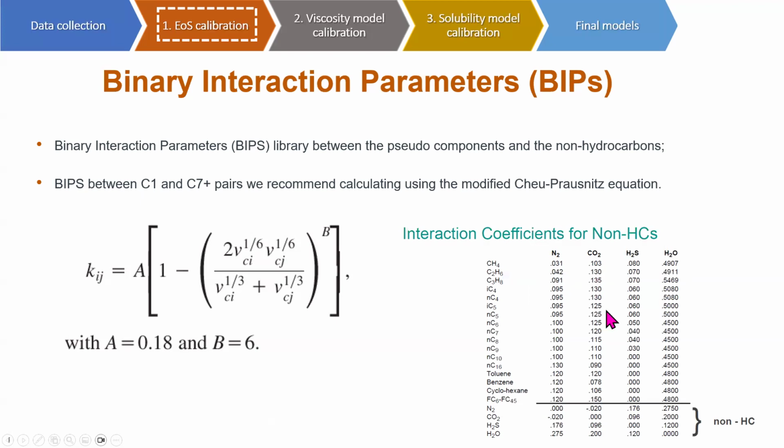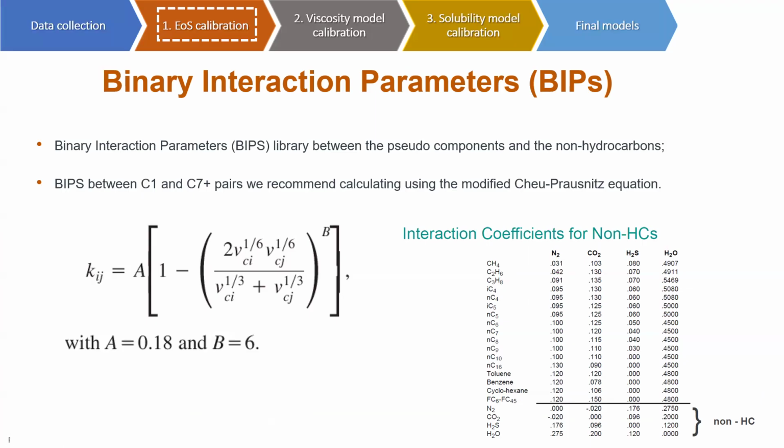So this is one way to compute this. This is available in WinProp, okay? This table is from WinProp. WinProp has this standard inside, and WinProp has a correlation. So this is between non-hydrocarbon and hydrocarbon components.